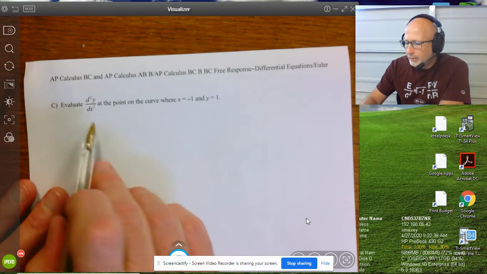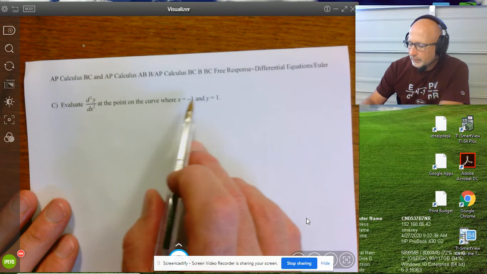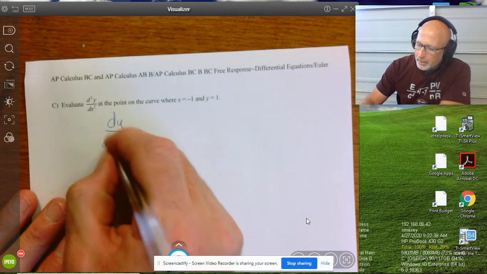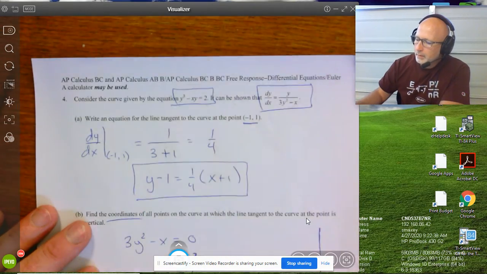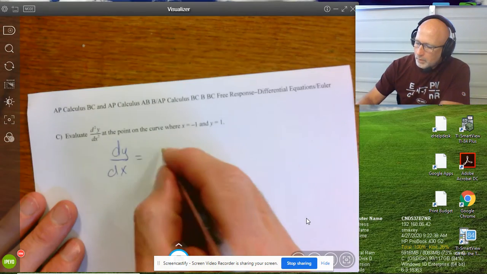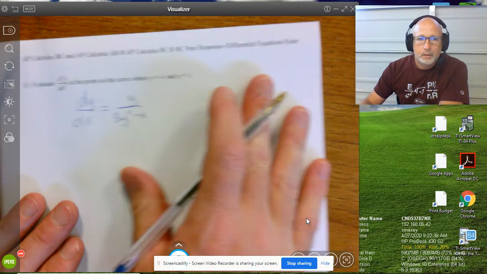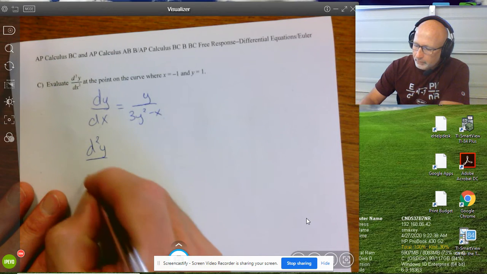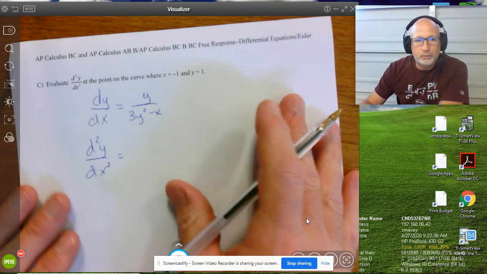Okay, evaluate the second derivative at the point on the curve where x is equal to negative 1 and y is equal to 1. So I know from the other side I have dy/dx is equal to y all over 3y squared minus x. So go through and take the derivative. The second derivative of y with respect to x is equal to, I have to use the quotient rule.